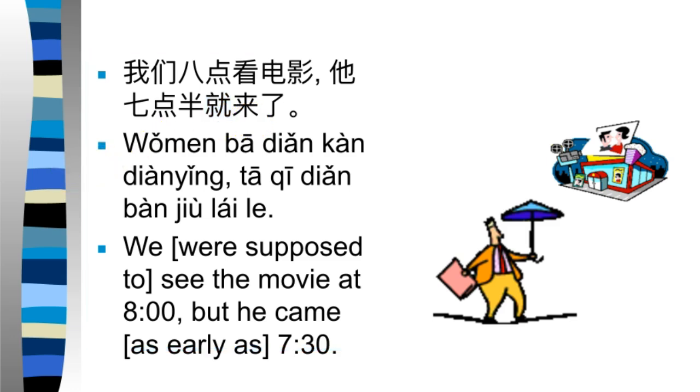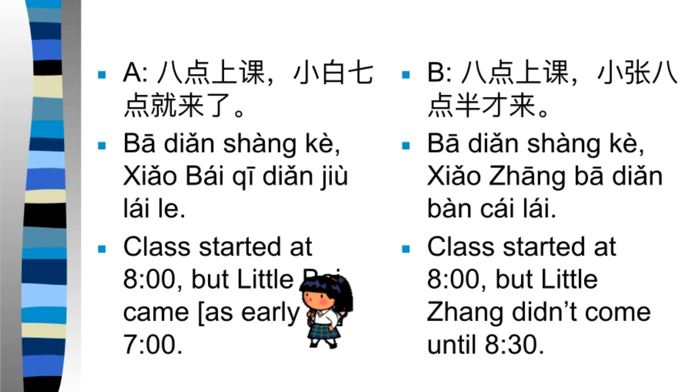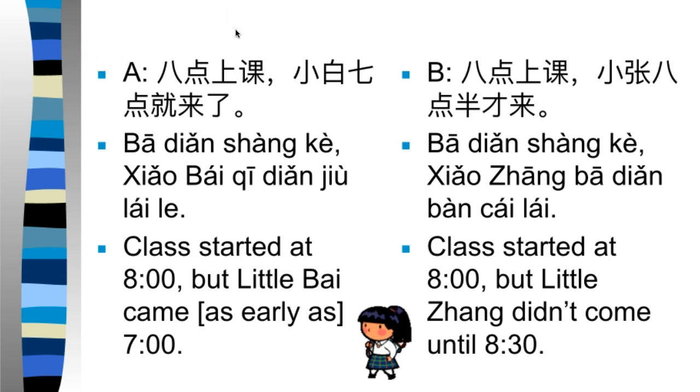He came as early as 7:30. Let's look at another example. 8点上课，小白7点就来了. So typically class starts at 8, but 小白7点 as early as 7就来了.